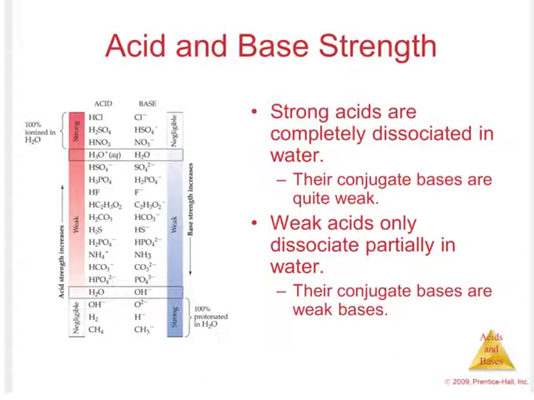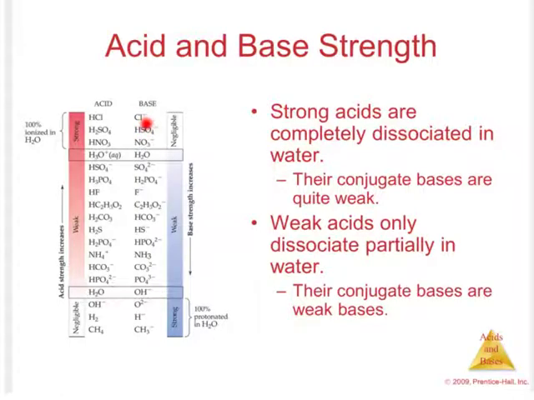Strong acids are considered strong because they completely dissociate in water. HCl we know to be a strong acid, and so it's going to ionize very easily. And so its conjugate base, the chloride ion, since this ionizes so easily, the chance of chloride ions turning around and trying to pull some of those hydrogen ions back to it is very, very slim.